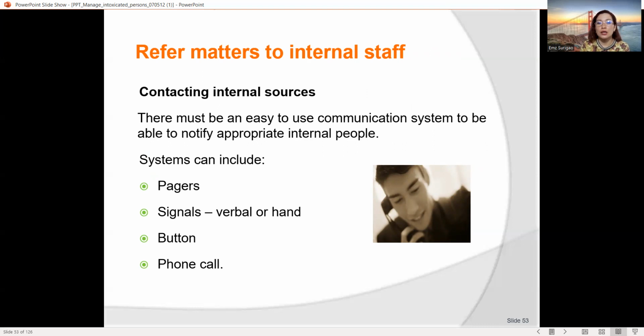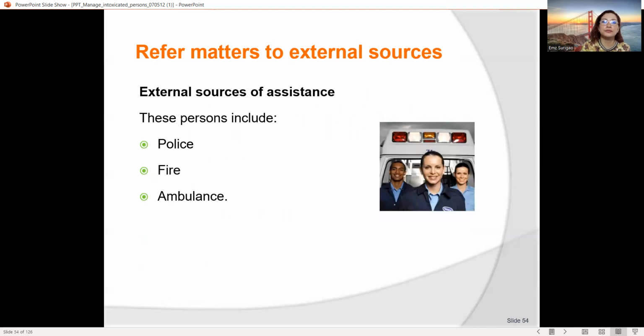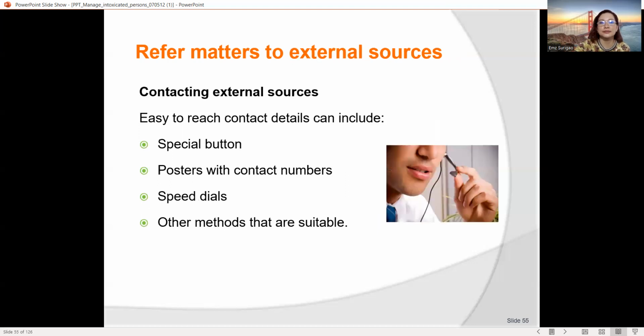So you need to have those signals and telephones, and it depends on how big your establishment is, so you need to consider everything. External sources of assistance include the police, fire, and ambulance. For contacting external sources, easy-to-reach contact details can include a special button, posters with contact numbers, speed dials, and other suitable methods.